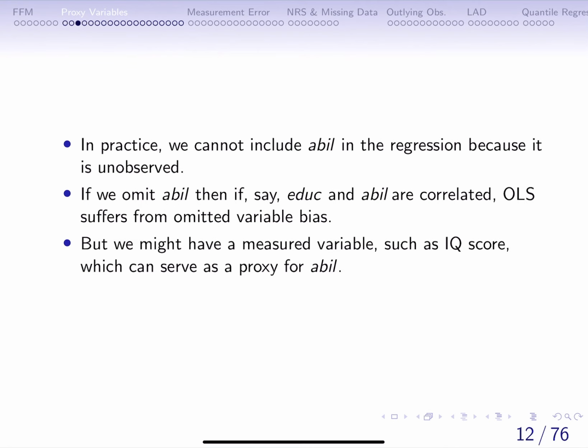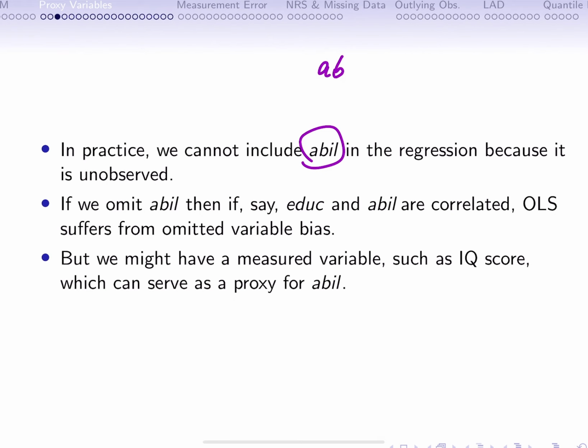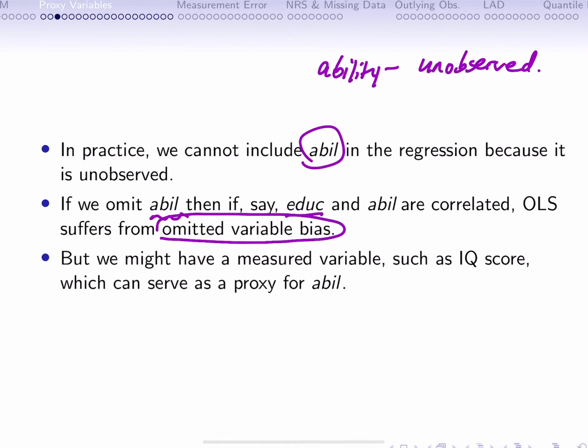Now, we've already said that ability is unobserved. So if we omit ability from our regression, then the coefficients on education and experience are going to be biased and inconsistent. In other words, our OLS estimation would suffer from omitted variable bias, and we want to mitigate that problem.